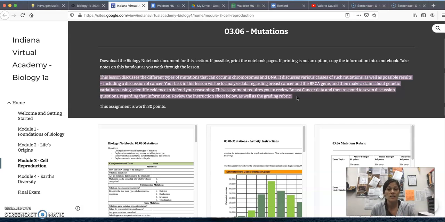Your task in this lesson will be to analyze data regarding breast cancer and the BRCA gene, and then make a claim about genetic variations using scientific evidence to defend your reasoning. Now that might sound a little bit complicated, but I think once you get into the assignment, you won't find that it is terrible. This assignment requires you to review breast cancer data and then respond to 7 discussion questions regarding that information. Review the instruction sheet below as well as the grading rubric.